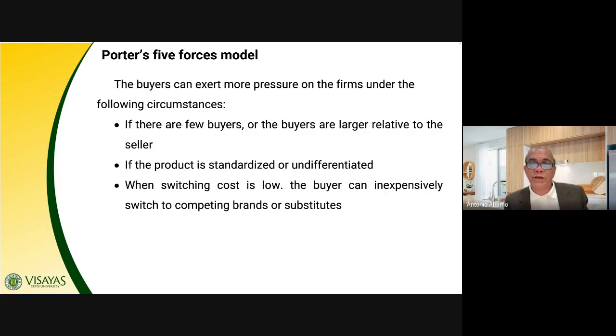Now, buyers can exert more pressure on firms under the following circumstances. One is when there are few buyers, they are the only ones who purchase, then they can control the market, and they are also organized. Very importantly, whether buyers or suppliers, the extent of organization is very important.